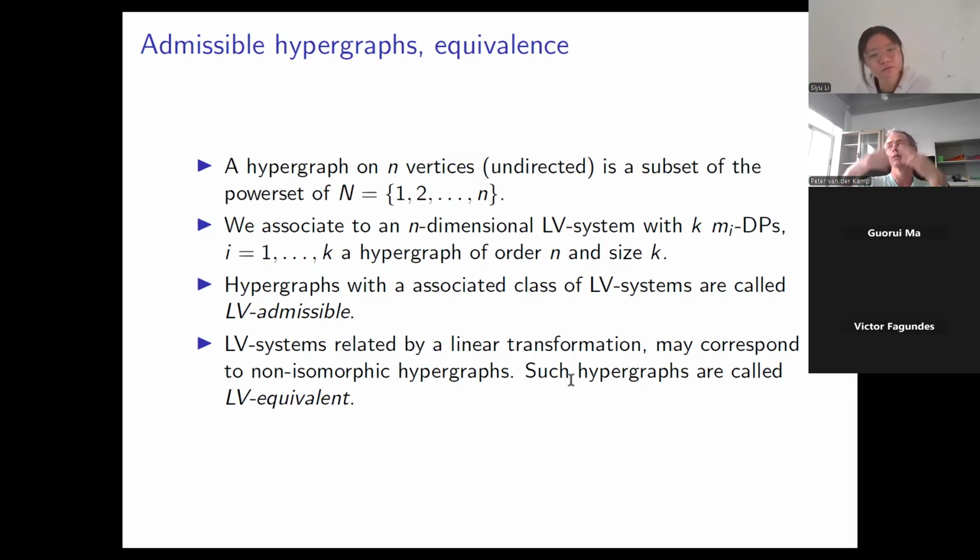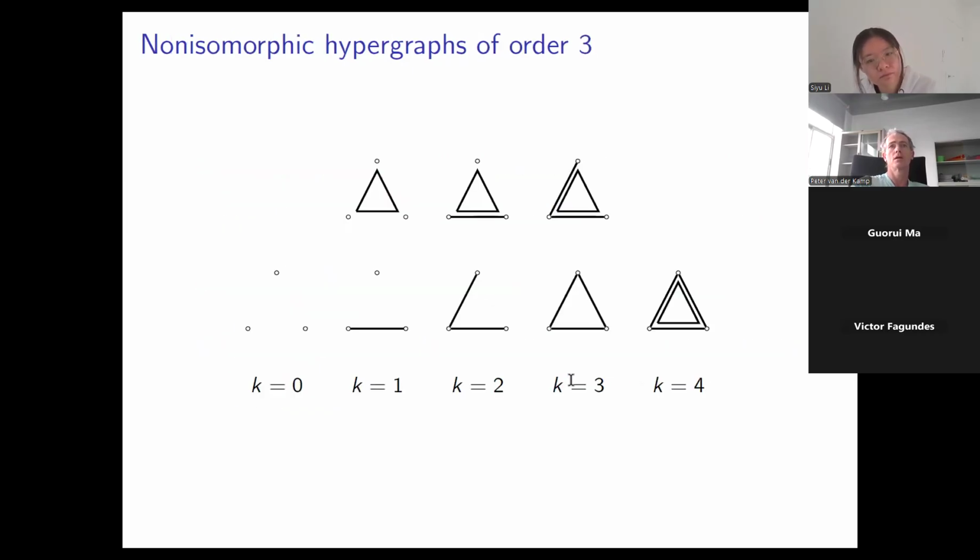So you can study the equivalence relation on the set of admissible hypergraphs, and that is an interesting thing to do. It's a hard problem. I've solved it for dimensions up to 5, and I found a nice new integrable system at that order.